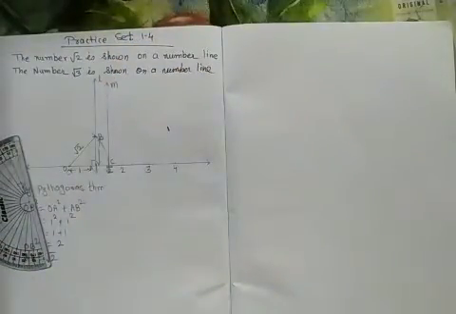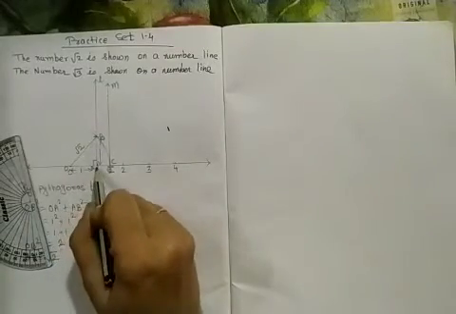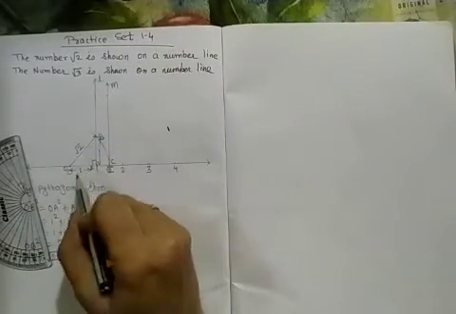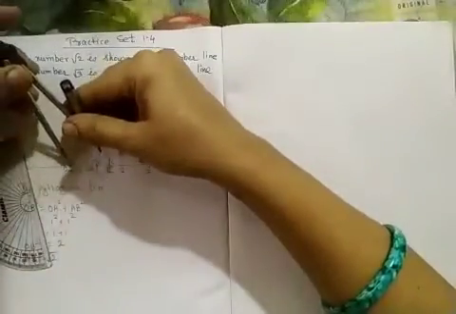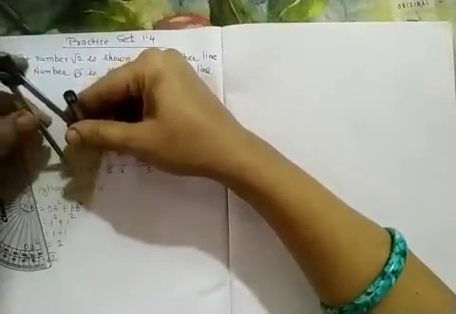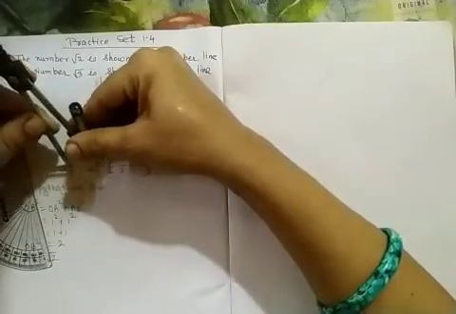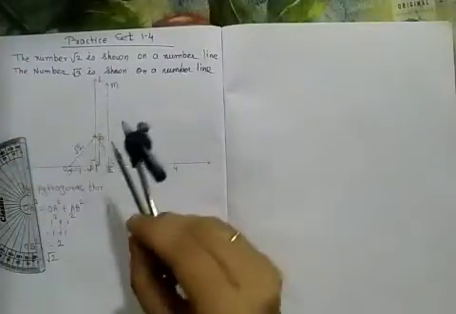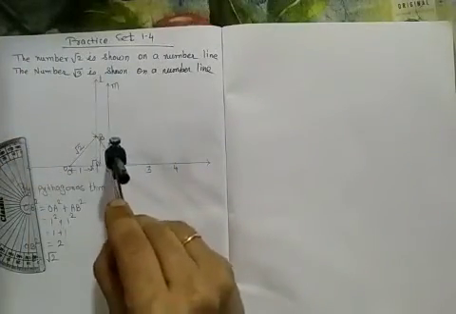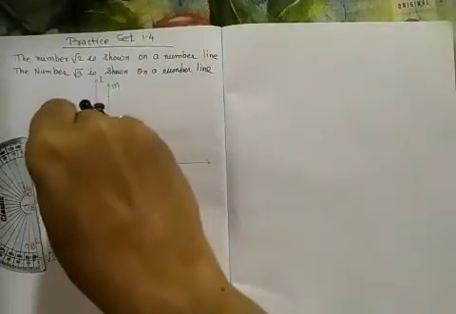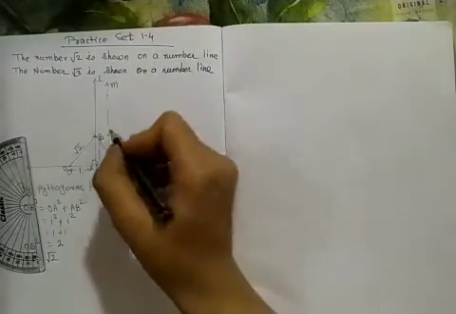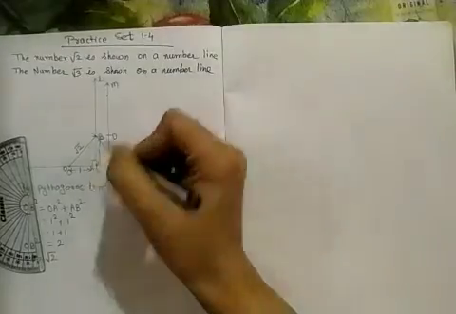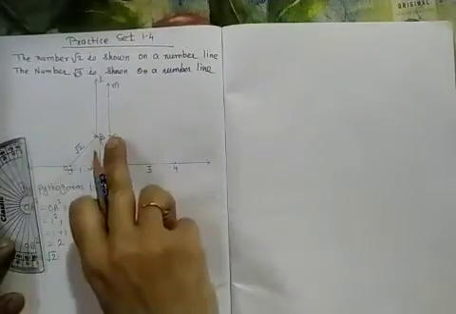Okay. Now the distance OA is 1 unit. That you have to take on your compass like this. See, and after that from C we will mark a 1 unit arc over here and give this point the name D, and after that join OD.